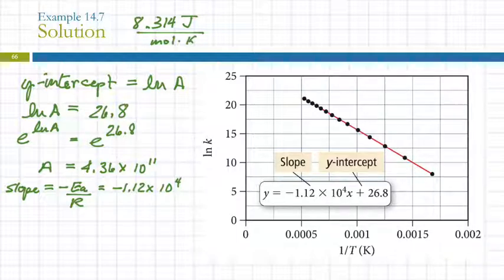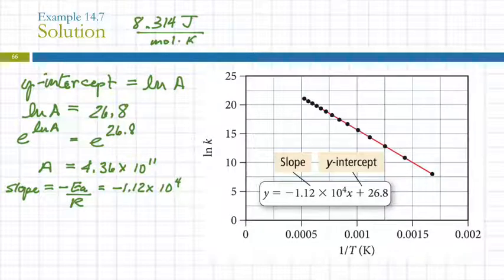That is the ideal gas constant, but we don't want to use the 0.08206 liter atmospheres per mole Kelvin, because then we'll end up with an activation energy in liter atmospheres. So we're going to plug this in down here for R.